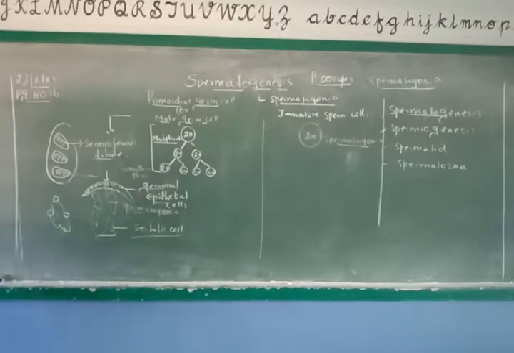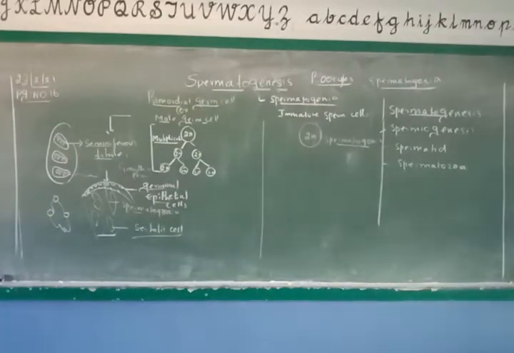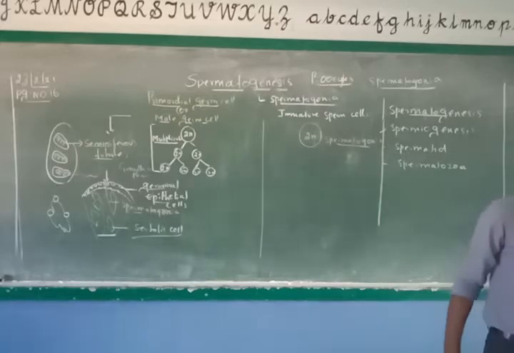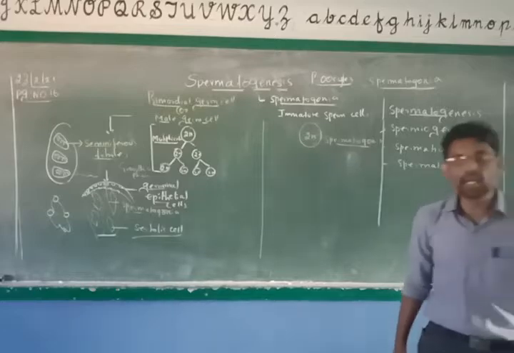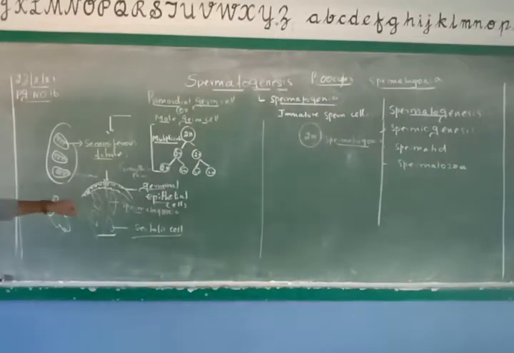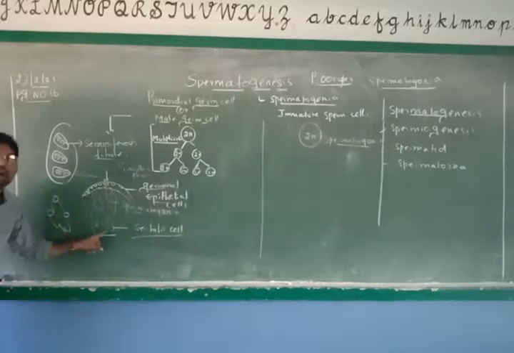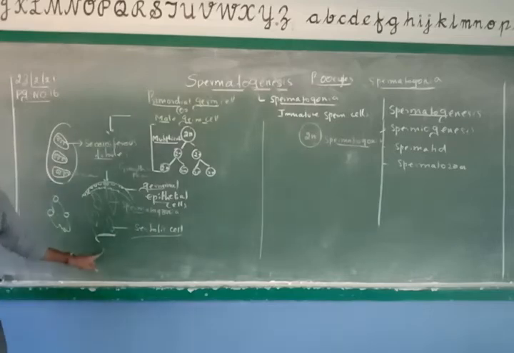So Sertoli cells not only give a hormone called inhibin, not only give a protein called androgen binding protein, they also nourish the developing sperm cells. It gives nutrition, it feeds the sperm cells. That is the reason these spermatogonia cells will go along with the Sertoli cells to the inner cavity, that is, to the center of the seminiferous tubules.